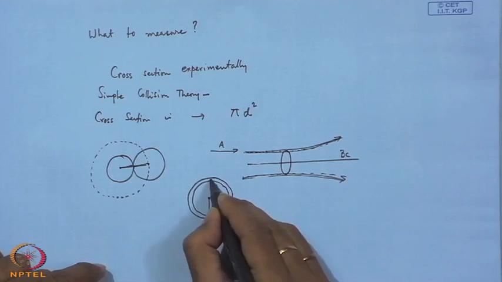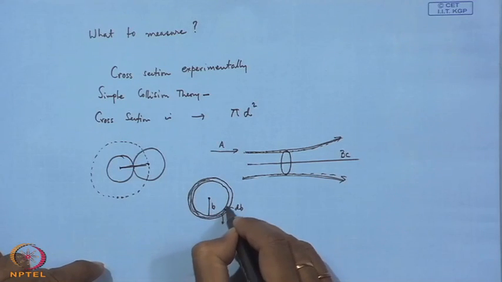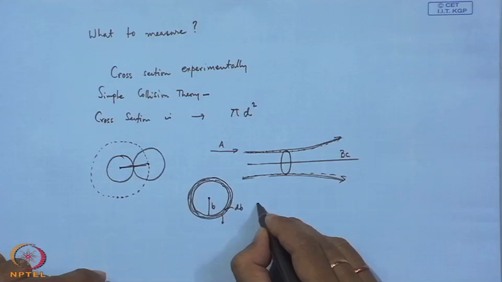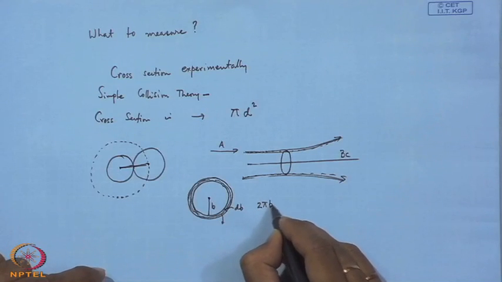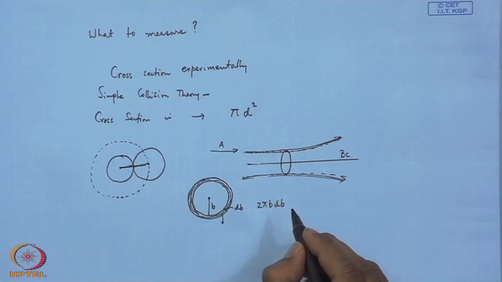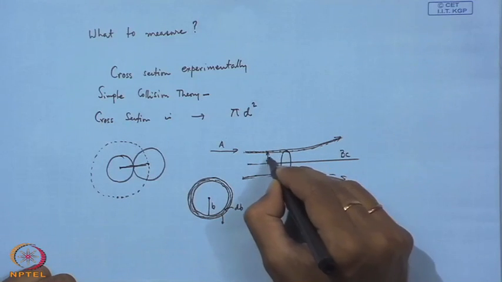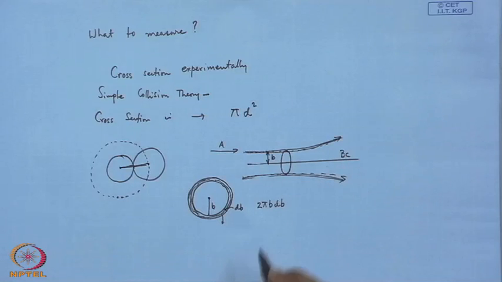So, this area between the two concentric circles will be 2 pi b db. Now, what is this b? Say this is b.